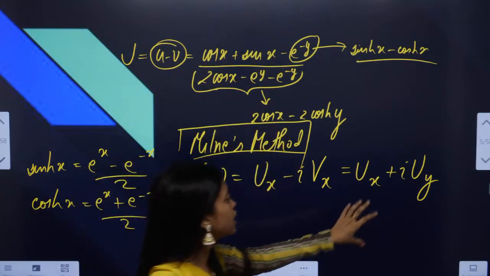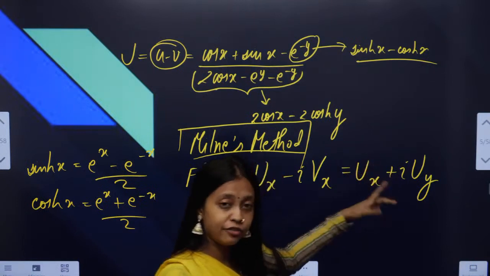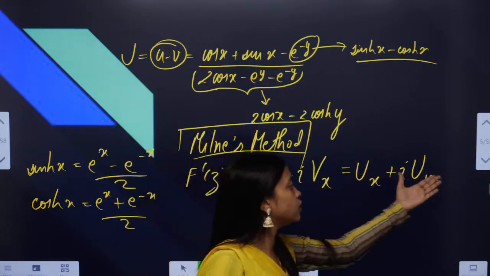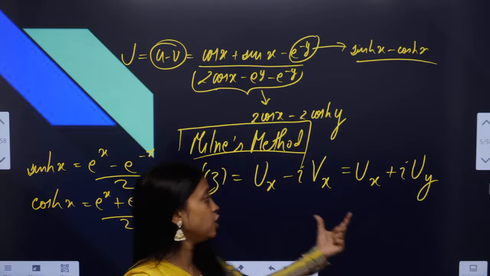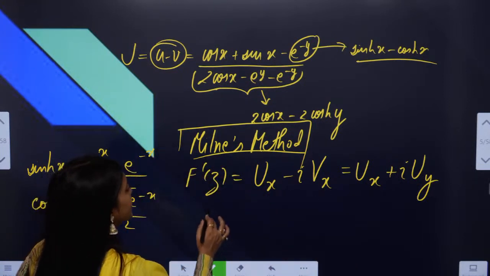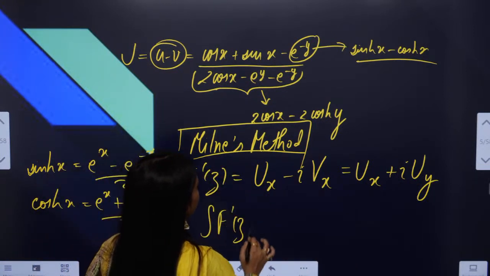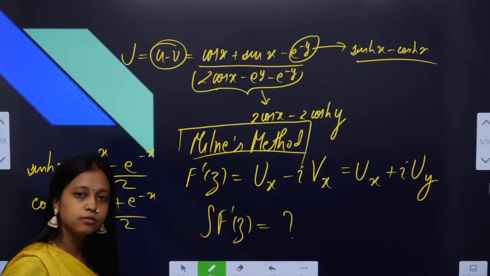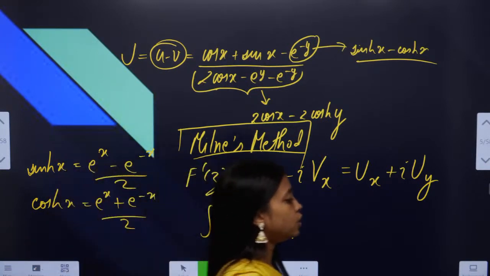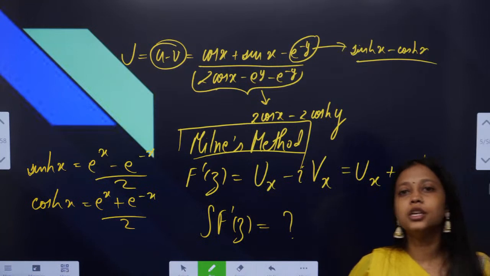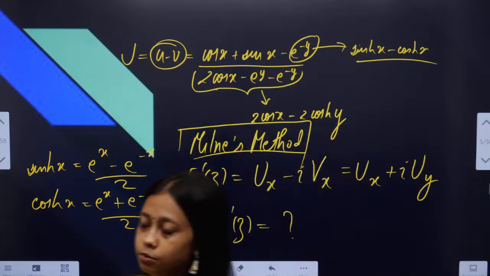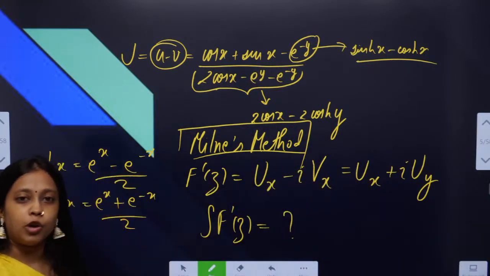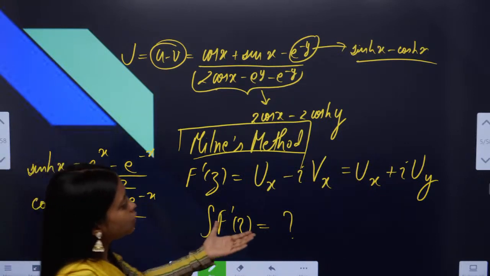Just differentiate it with respect to x, differentiate it with respect to y, obtain an expression, and whatever is your answer, integrate both sides to obtain your f z. Okay. So this was an immediate consequence of the Cauchy-Riemann equation, and you can use it.